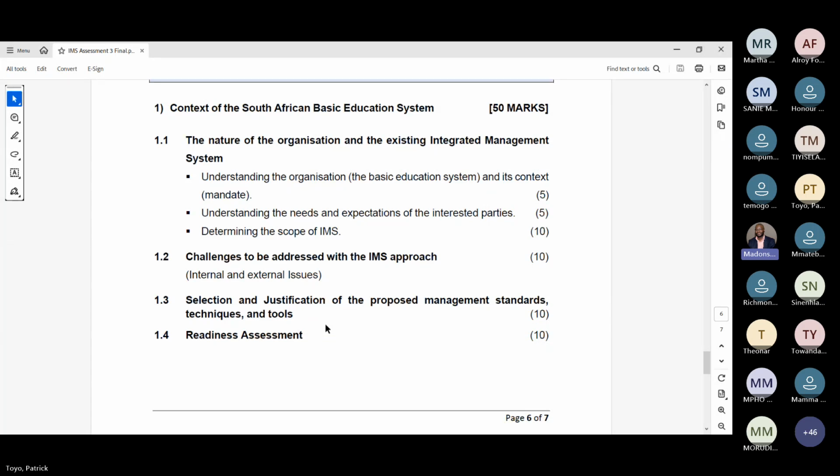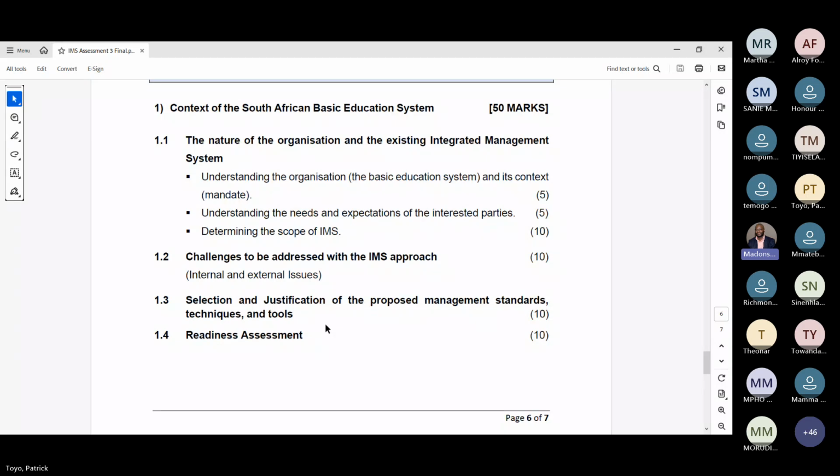So these are the things that we need to consider, because the third bullet is about determining the scope of the IMS. It is not just a scope based on a predefined IMS scope, because oftentimes what I've picked up in previous assessments of this assignment is that students just replicate what they got from another IMS manual.